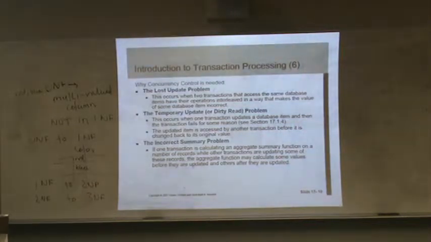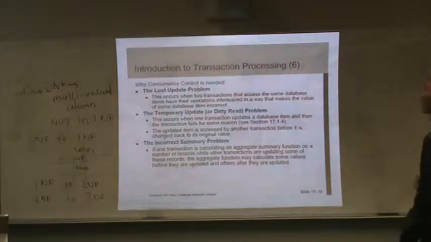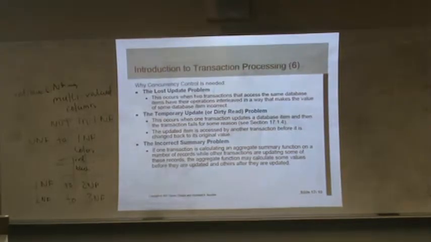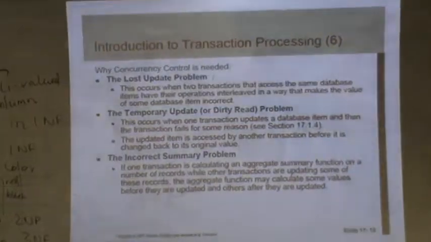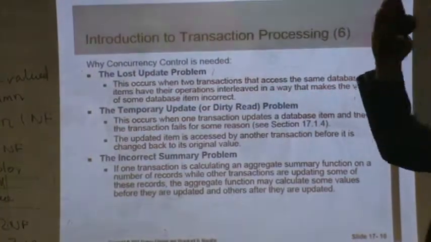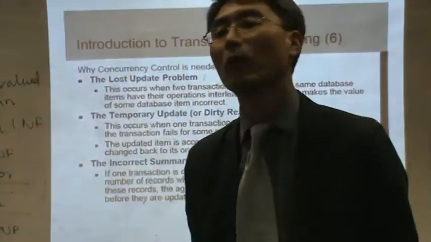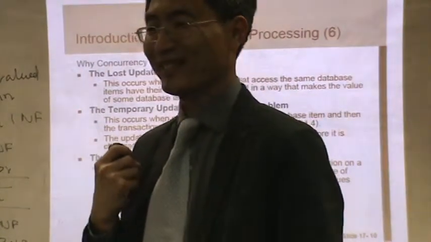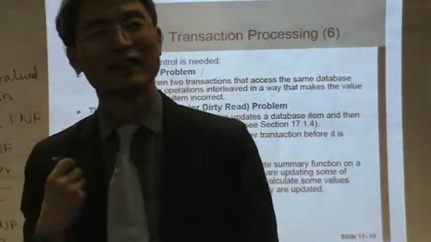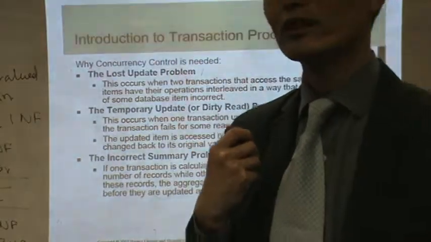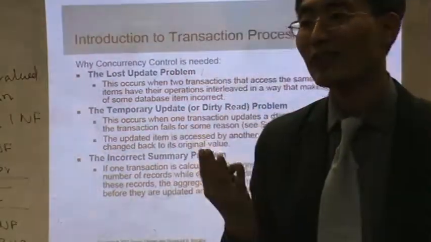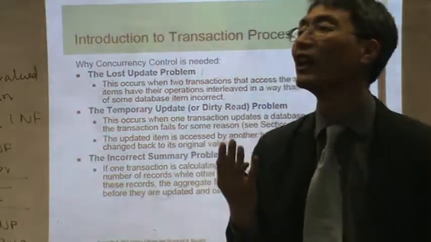Okay, so today we are going to continue the topic of transaction processing. So what is a transaction? It's a set of operations. A set of operations is a kind of logical operation for what? Users, many users, are doing what? Retrieving data.